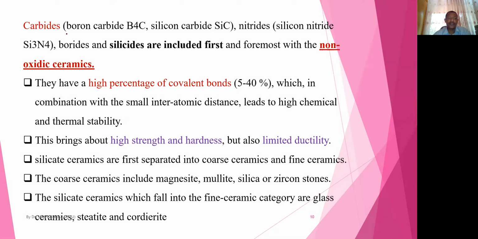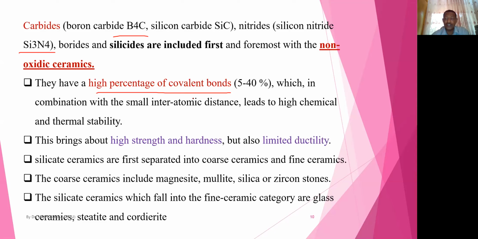The carbides are like boron carbides, silicon carbides, and the nitrides, silicon nitrides and boron nitrides. Silicates are included first and foremost with non-oxide ceramics. So non-oxide ceramics are like silicon carbides, as I said, boron carbides, and silicon nitrides. They have a high percentage of covalent bonds, up to 5 to 40%. These covalent bonds, in combination with a small interatomic distance, lead to high chemical and thermal stability.